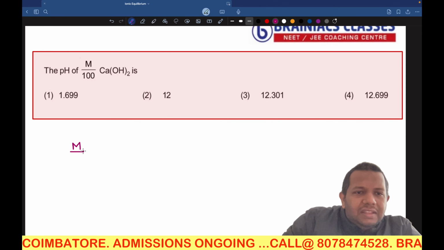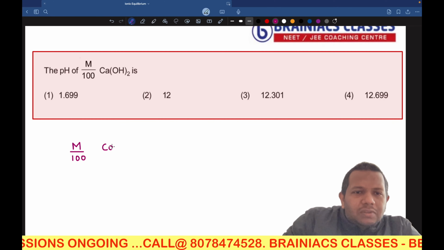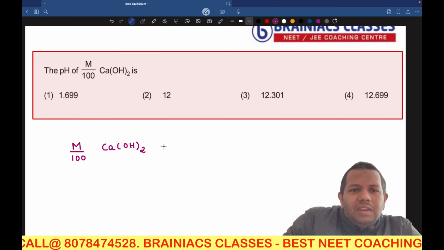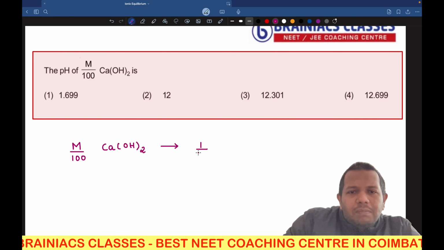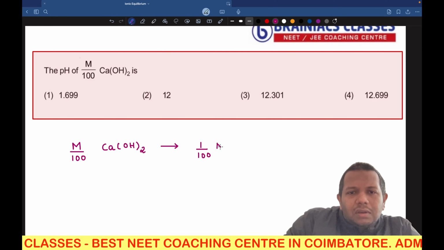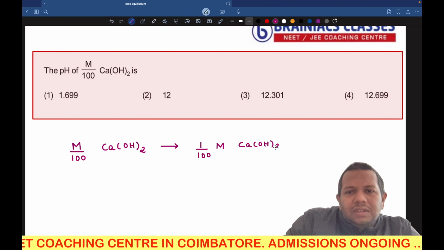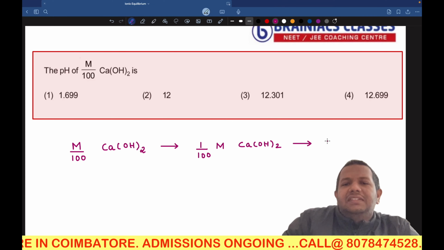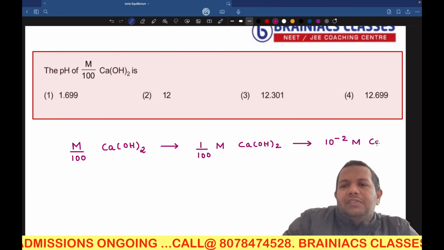M by 100 is the concentration of calcium hydroxide. What does this mean? Very simple. M by 100 means I can write it as 1 by 100 molar calcium hydroxide, and again in a much clearer fashion, 10 power minus 2 molar calcium hydroxide.